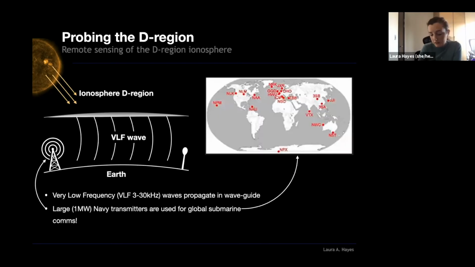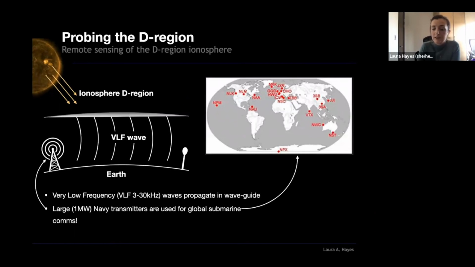And going back to the idea that there are an awful lot of huge transmitters located around the world that are used at these frequencies to communicate with submarines. They use very large power transmitters, up to 1 megawatt, and these are continuously transmitting in this range.